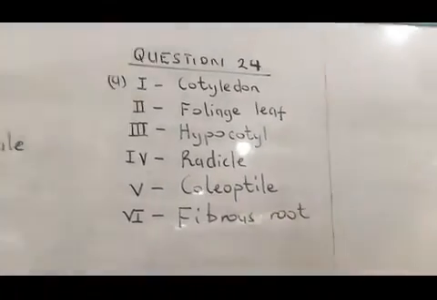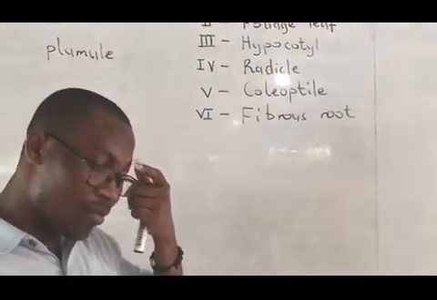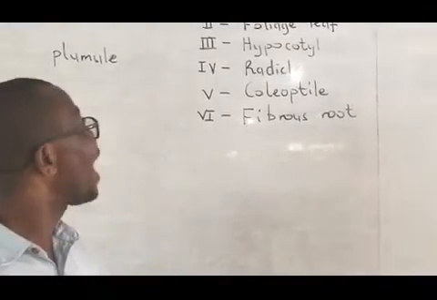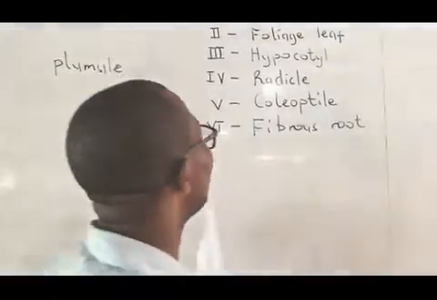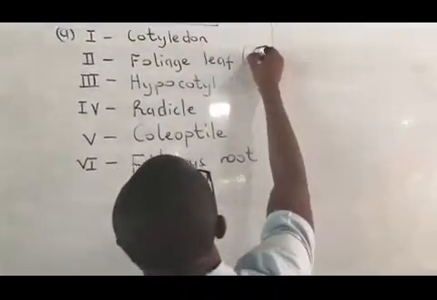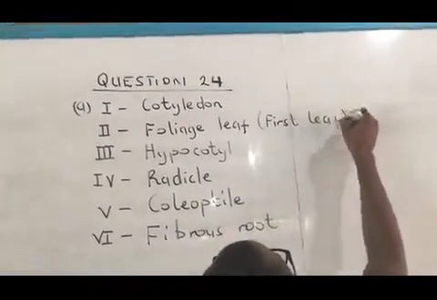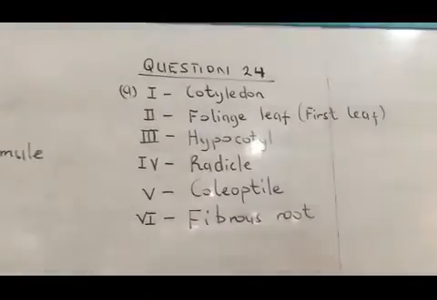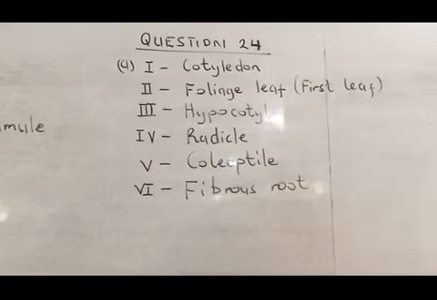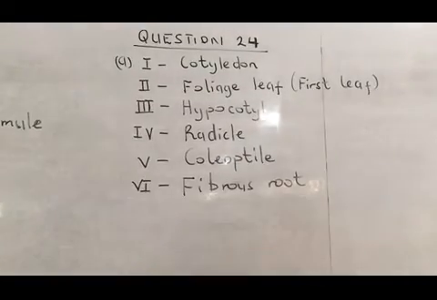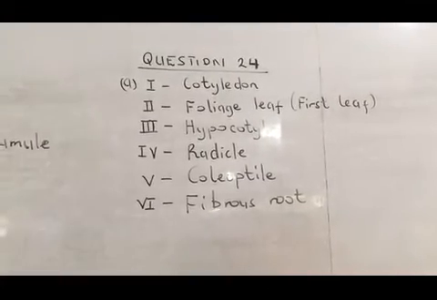Okay, so these are the labeled parts of the diagram as indicated. So the I is a cotyledon, the II is the foliage leaf or the first leaf. And then you have the III as the hypocotyl. We have the IV as a radicle, the V as a colluctal, and then the VI as a fibrous root. Fibrous root.